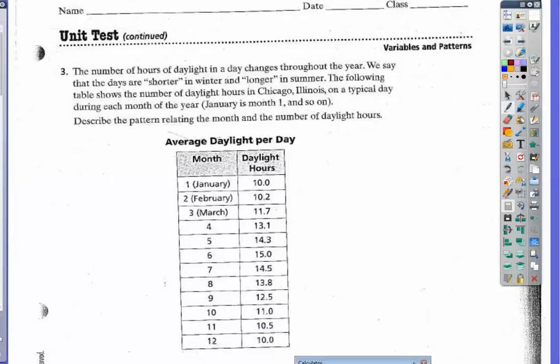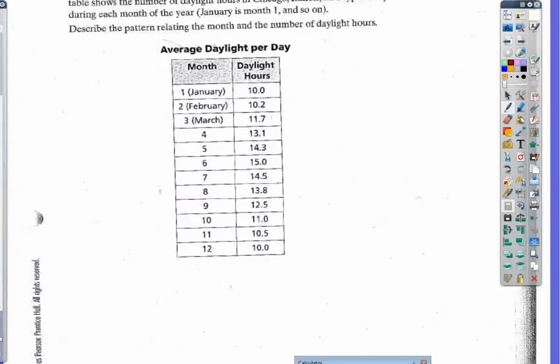So I'm looking at the months, and I notice that the time is increasing. It's increasing by 0.4 hours, then by 0.2.